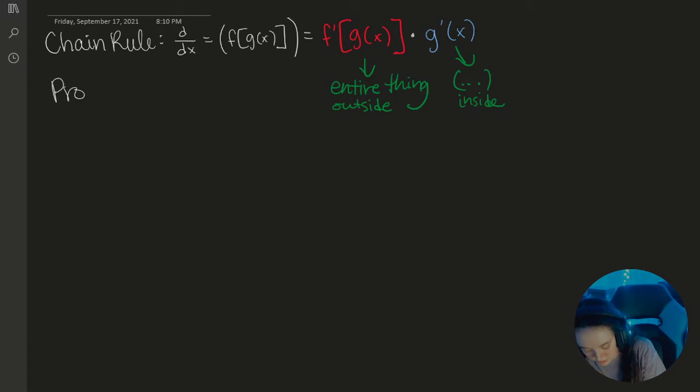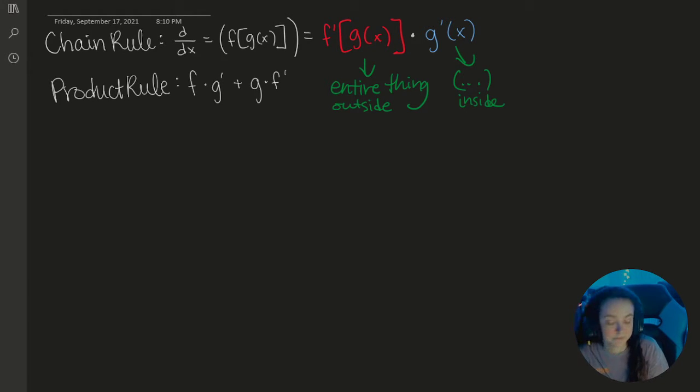Product rule is just F times G prime plus G times F prime. It doesn't really matter what order those are in, as long as there's one prime and one non-prime, and one F and one G.